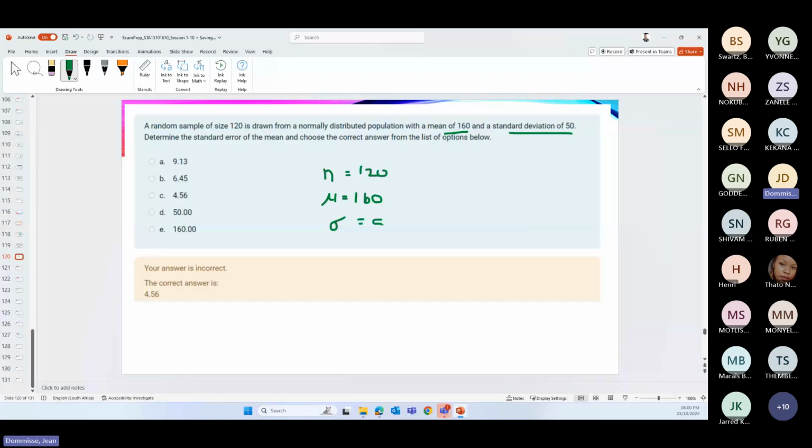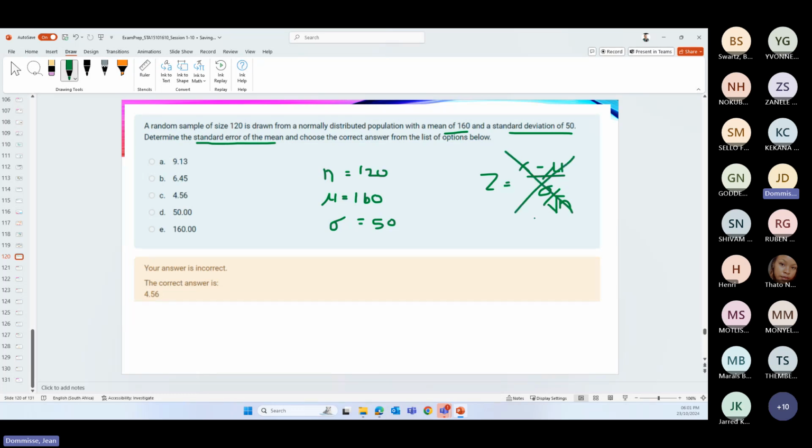And then they ask us, okay, first the standard error. So we don't need to go into the whole formula of this. We, in any case, don't have an x to work this out. So we could not, in any case, go to this.